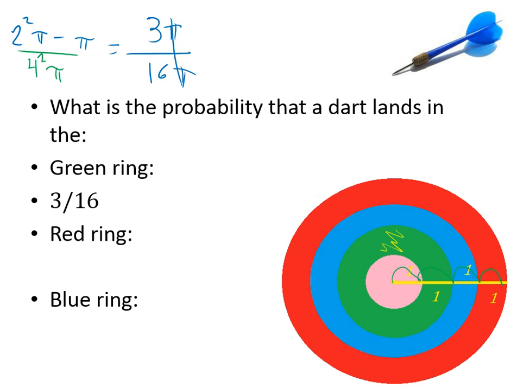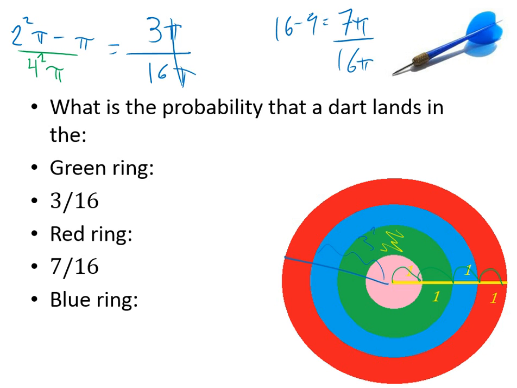So now the red one, we take the area of the whole thing, which is 4 again, and we're going to subtract out the blue, which looks like it's about 3. 3 squared is 9. So it looks like we're going to go 16 minus 9, which will be 7 pi all over 16 pi. So it's 7 over 16.